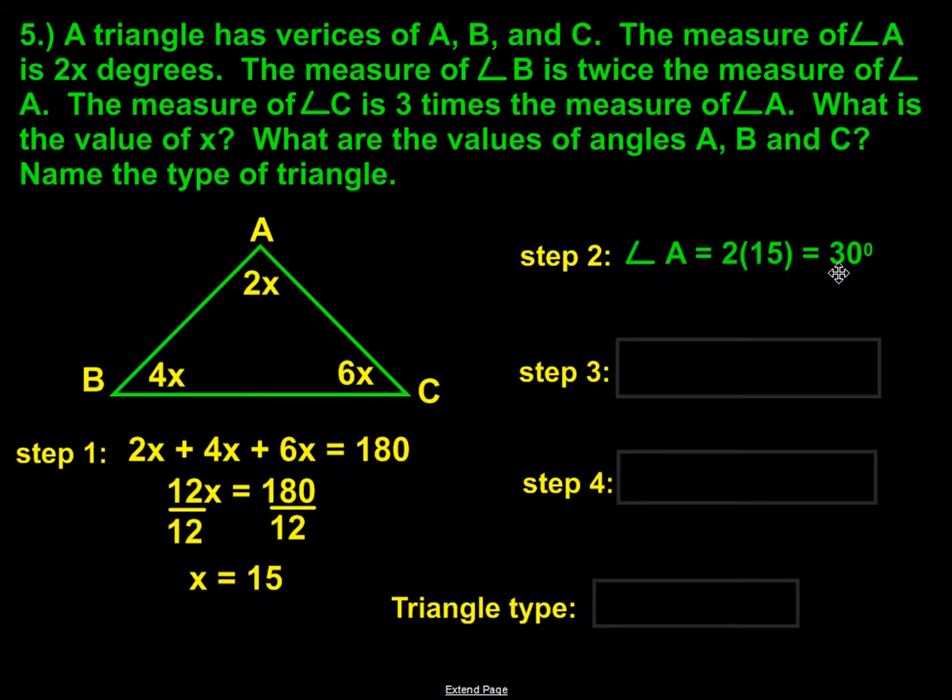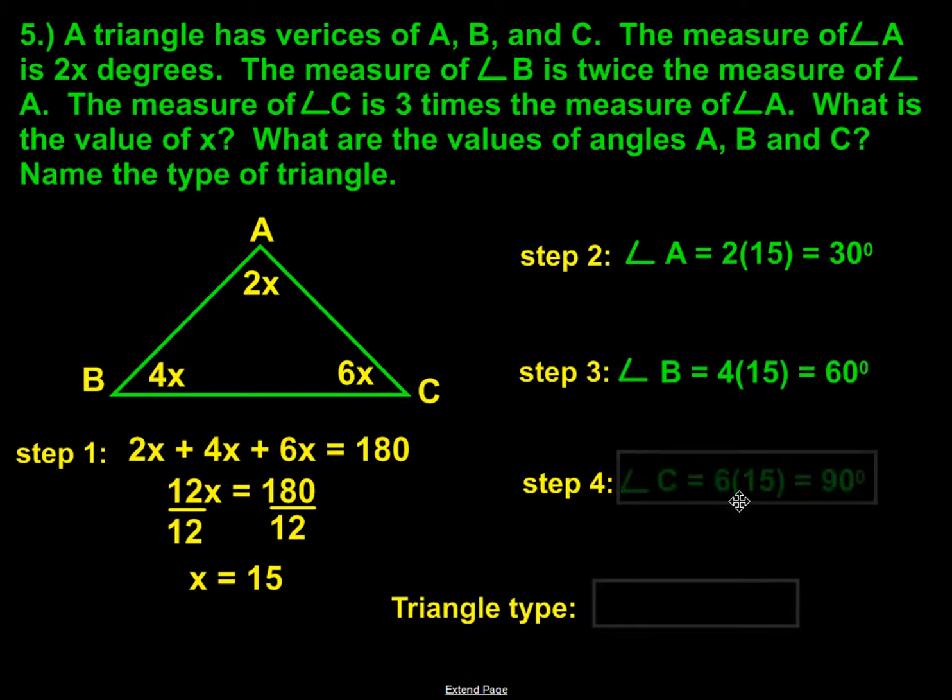It's 30 degrees. Move on to angle B. 4 times 15 equals 60 degrees. And angle C, 6 times 15 equals 90 degrees. So we have a 30 degree angle, a 60 degree angle, and a 90 degree angle. The 90 degree angle is what tells us the type of triangle we have. Because it's a right angle, this is a right triangle.